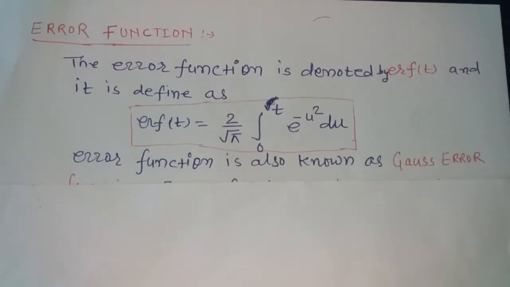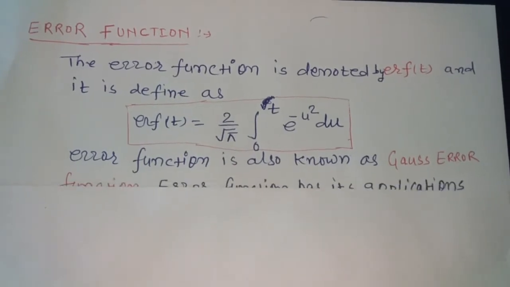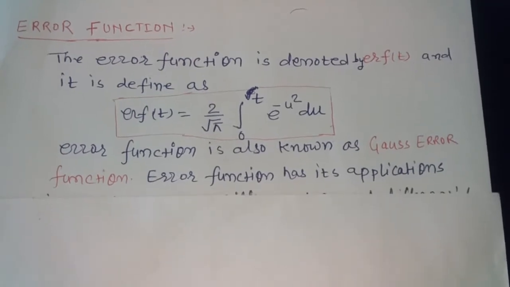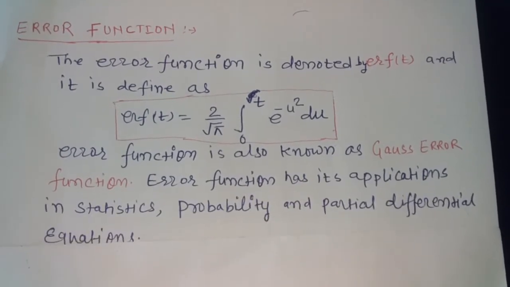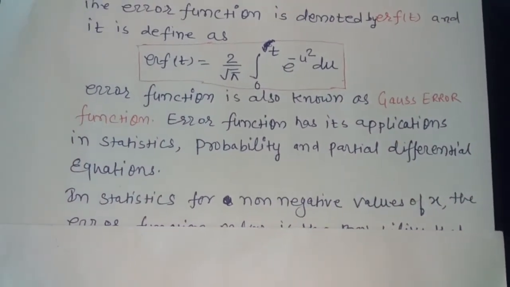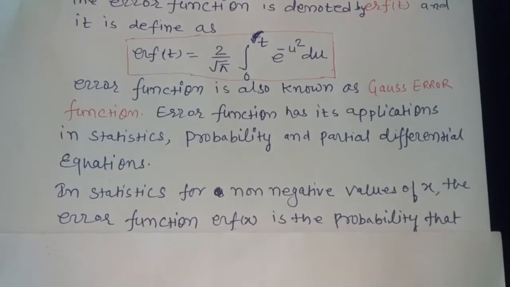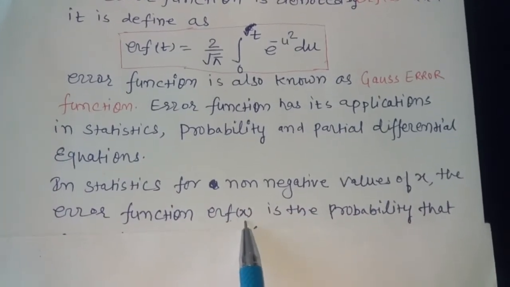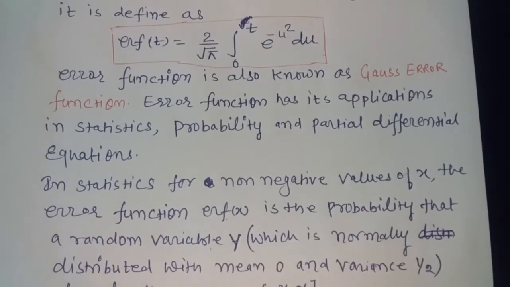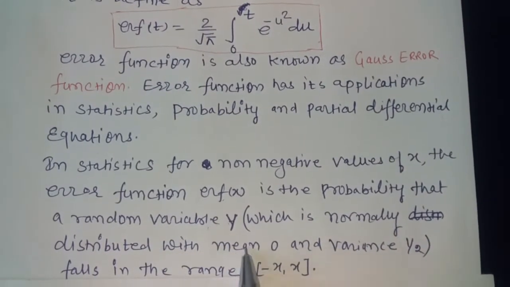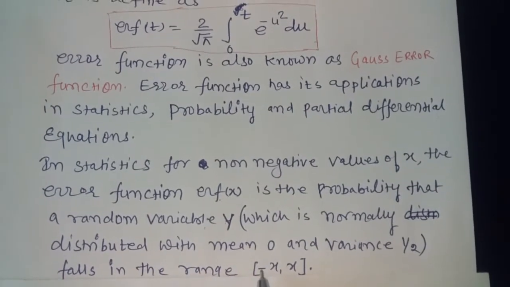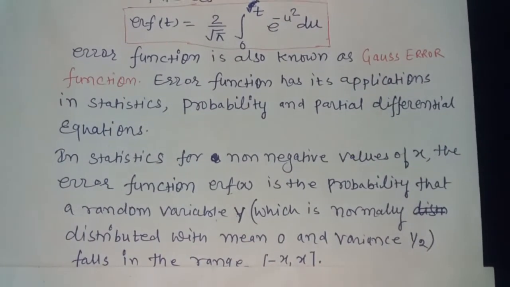The error function is also known as the Gauss error function, and it has applications in statistics, probability and partial differential equations. In statistics, for non-negative values of x, the error function ERF x is the probability that a random variable y, which is normally distributed with mean 0 and variance 1 by 2, falls in the range minus x to plus x.